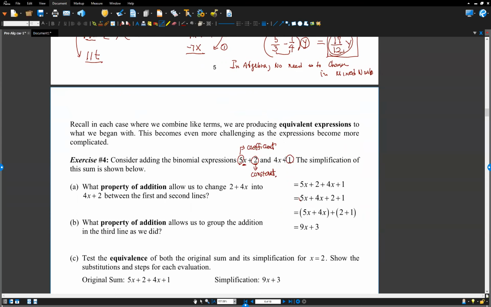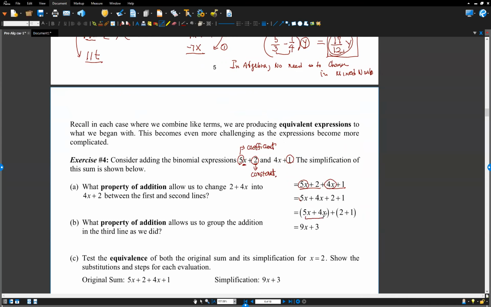They can be simplified. All right, we're going to combine these: 5x plus 2 and 4x plus 1. We could apply some property, but just fine. We have two like terms, 5x plus 4x first.